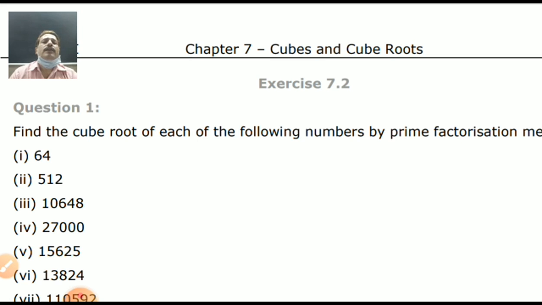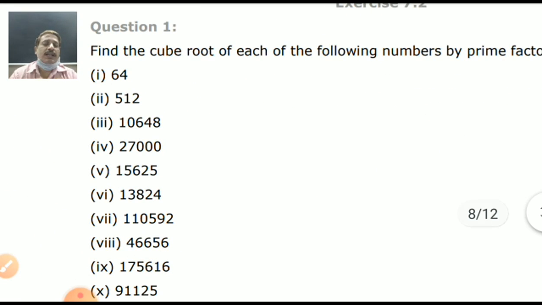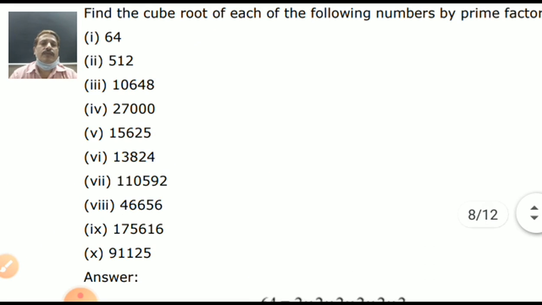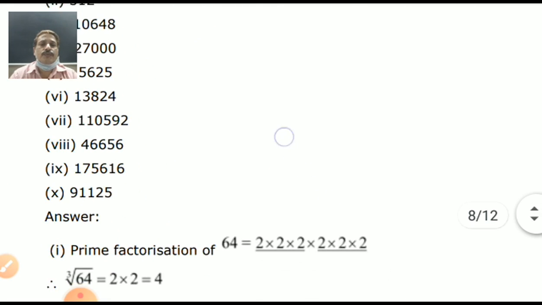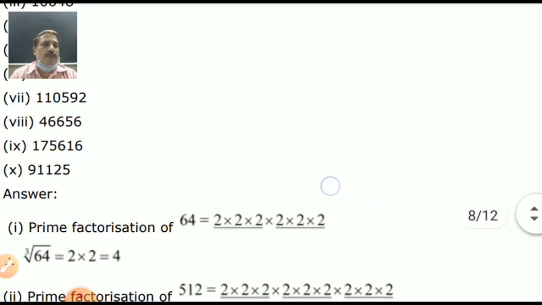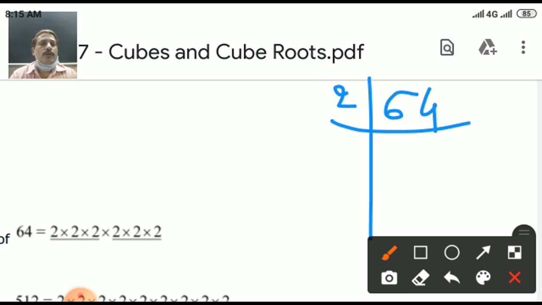See, find the cube root of each of the following numbers by the prime factorization method. So many are given, ten questions. Let's start from the first, 64. Prime factorization of 64. Yes, you know very well what you have to do. On the rough side, you can do it. Yes, my dear students, so many numbers will come, that's why I want to show you method 2.